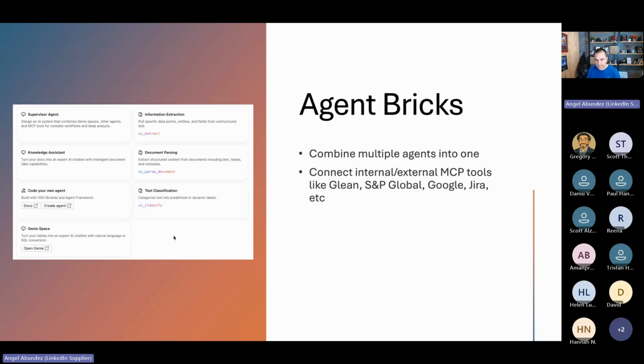There's something called AI Gateways now, where you can register these third-party MCPs and do things like create a Jira ticket or create a meeting invitation, make this more agentic, and automate more of your workflows from your data. It's really cool what you can do now with your data.